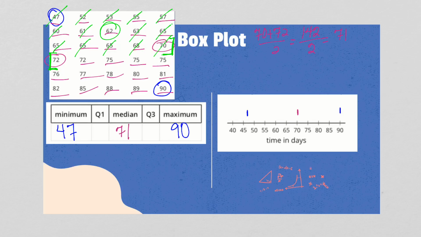So that is our median for our Q1. So 62. I'm going to go about right there and mark that. Going to do the same thing for my Q3 or my third quartile. We're going to get 78.